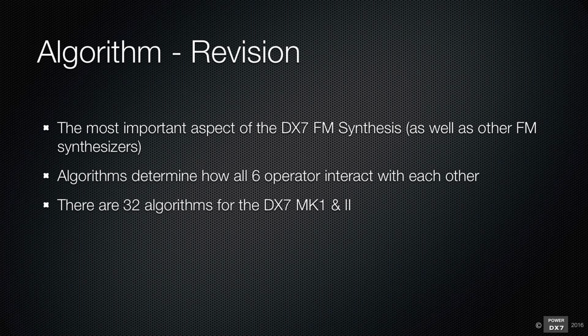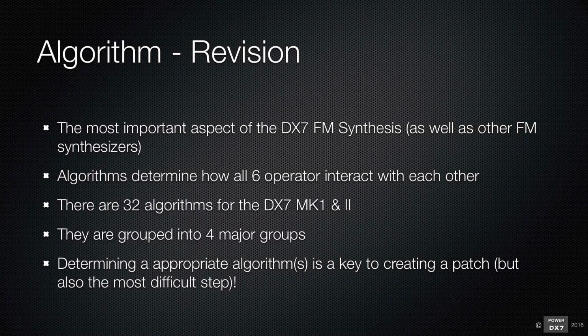There are 32 algorithms for the DX7 Mark 1 and 2, and they are grouped into 4 major groups. So why are they important? They are important because determining an appropriate algorithm is a key to creating a patch that you want.